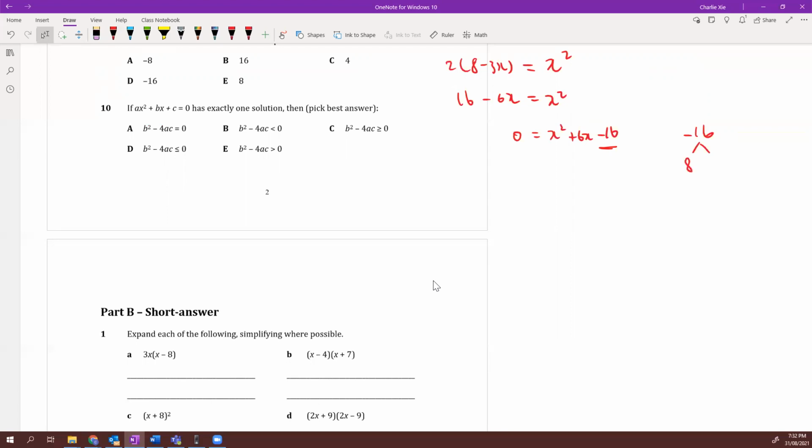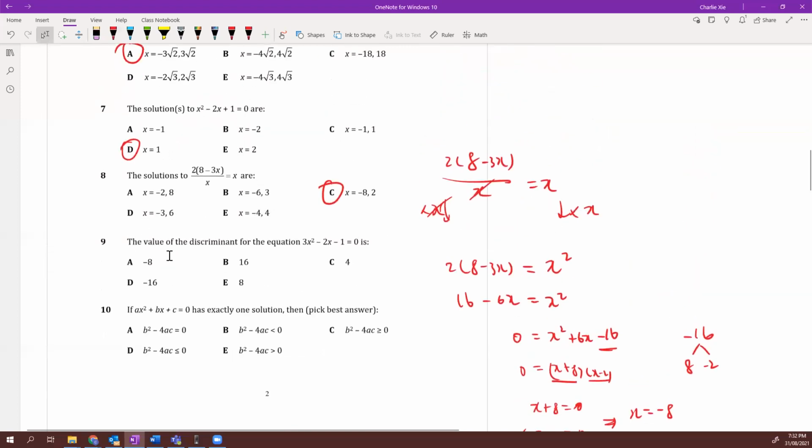I can think of 8 and negative 2. So 0 equals x plus 8 times x minus 2. This equals 0, so either this or this equals 0. So x plus 8 equals 0, or x minus 2 equals 0. Tells us x equals negative 8, or x equals 2. Okay. That's how I do it by hand.